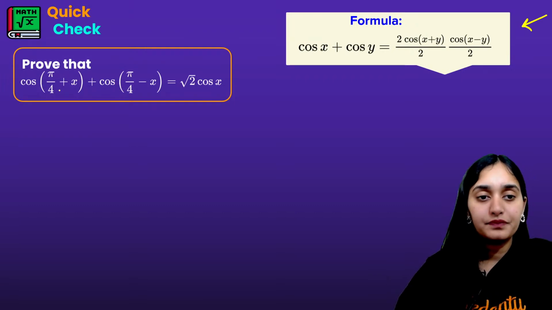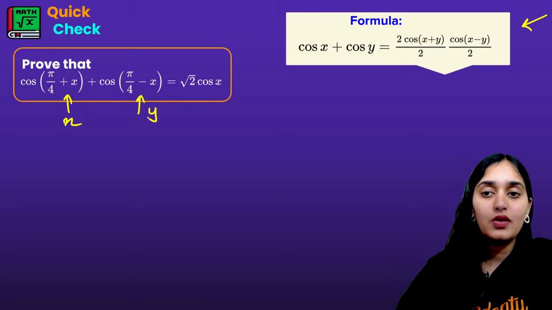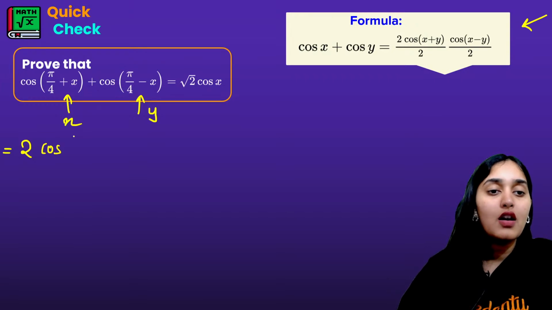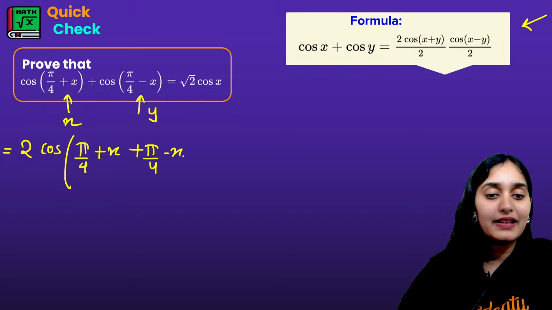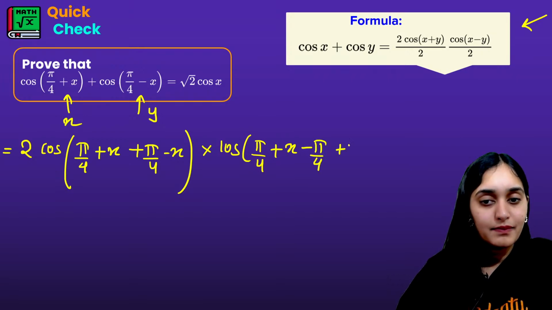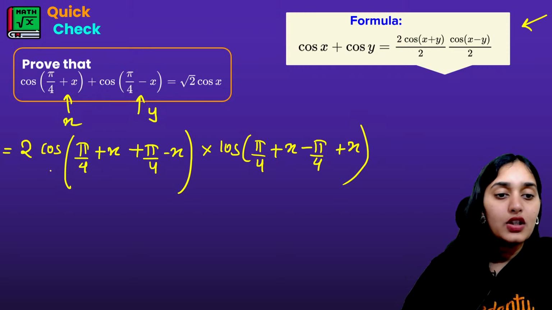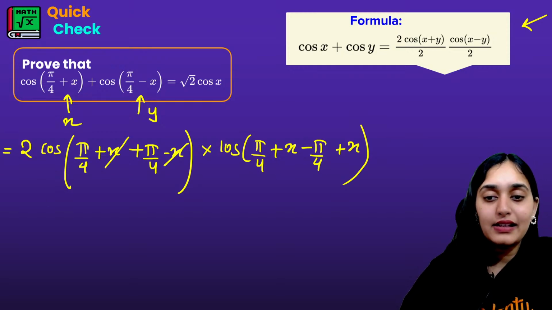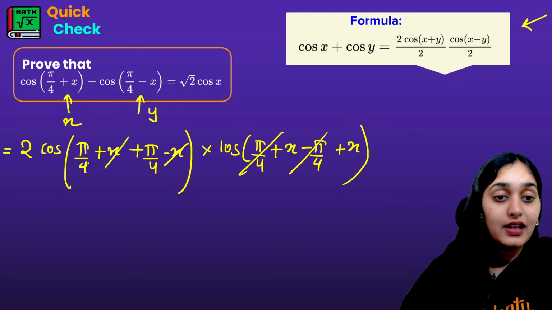So here this is x and this is y. So this will become 2 times cos of (pi by 4 plus x plus pi by 4 minus x) into cos of (pi by 4 plus x minus pi by 4 minus of minus x plus x). So x cancels, pi by 4 cancels.